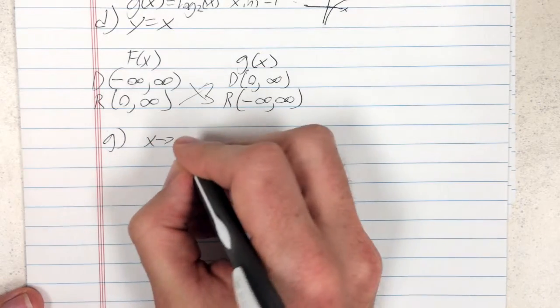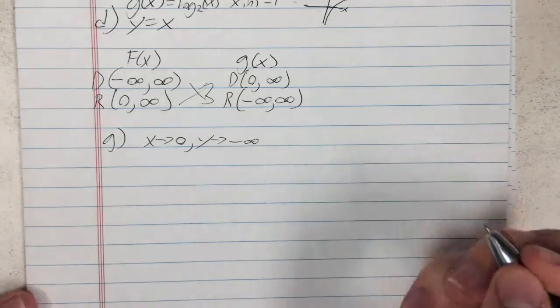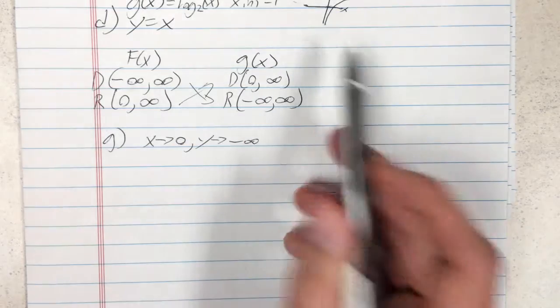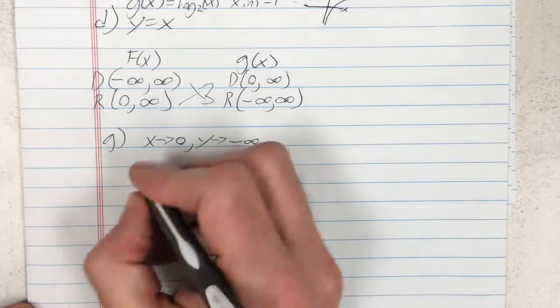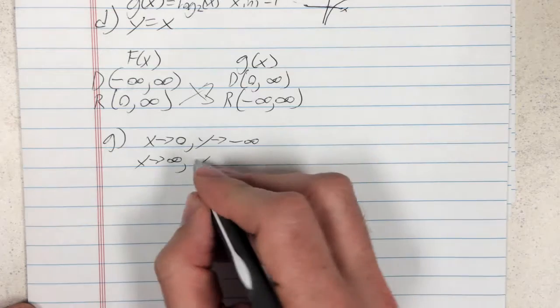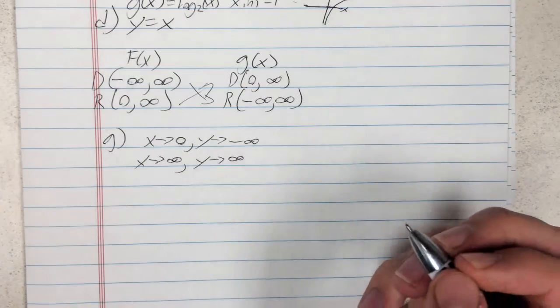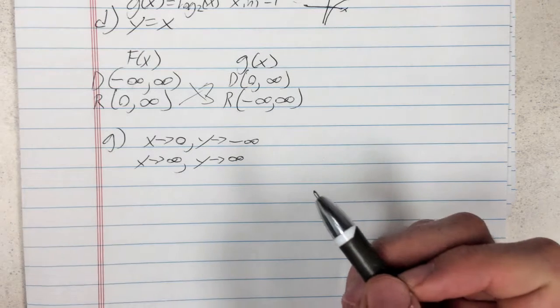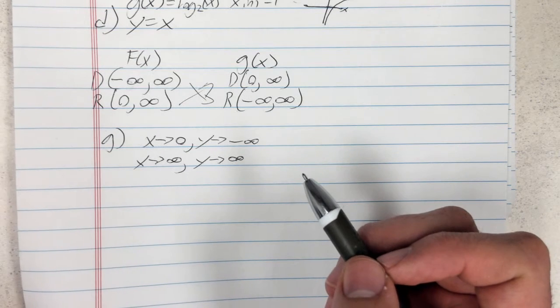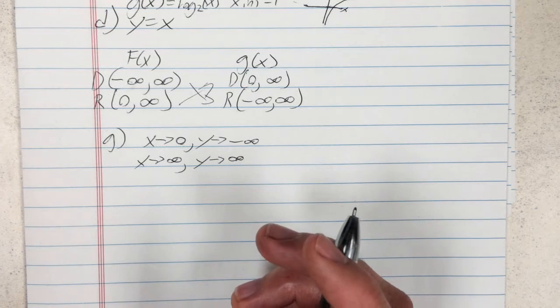As x approaches 0, y approaches negative infinity. As x approaches positive infinity, y approaches positive infinity. All right, so g is a little bit different, but the rest of them are a little bit the same.